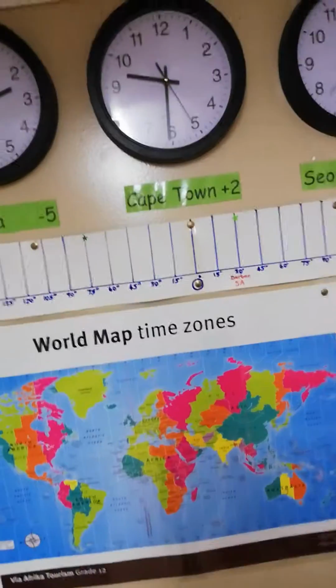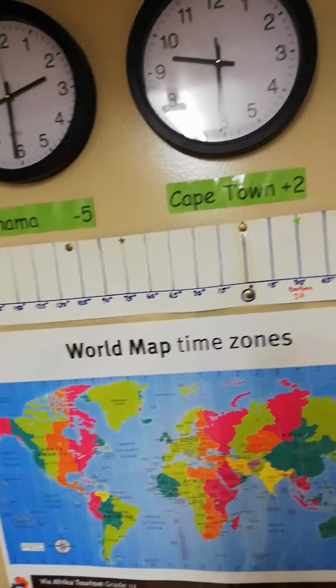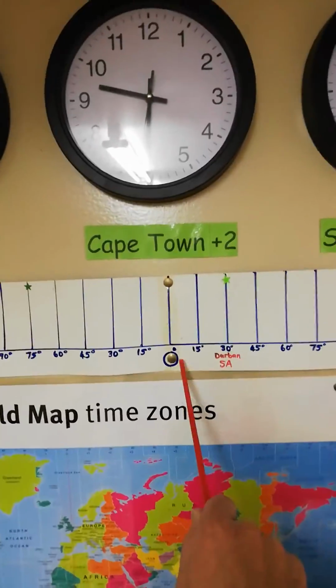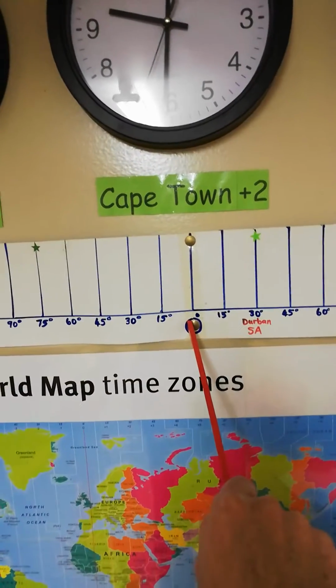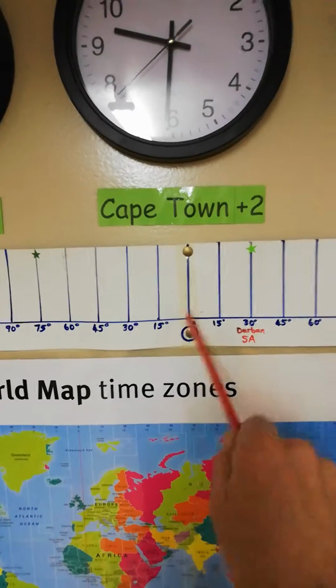Now here I put it for you on a flat surface so you can see 0 degrees in the middle, and that is now of course the time at Greenwich.